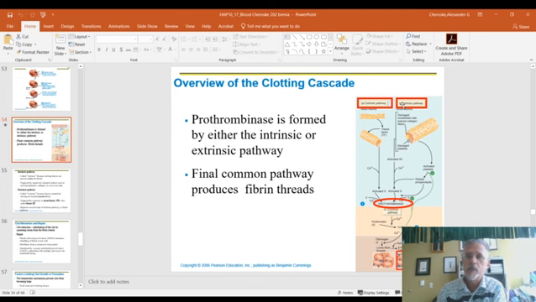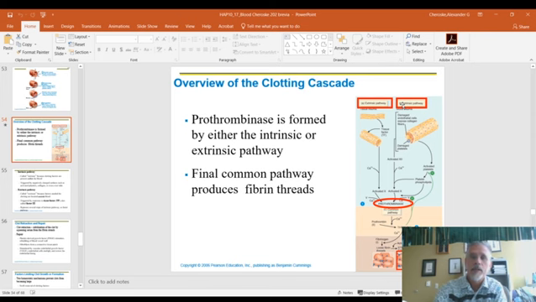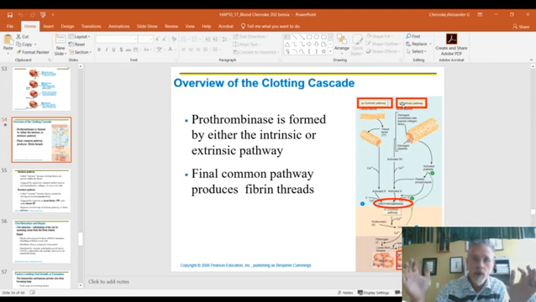In the intrinsic pathway, we have exposed collagen fibers because we've gotten to that outer layer of the blood vessel, which we shouldn't normally see, or even some chemicals associated with damaged endothelial lining of the cells on the inside of the blood vessel. Now, for the extrinsic pathway, it's where the blood is coming into contact with what's called tissue factor, which is found in the surrounding tissues. So from there, that's what starts them off.